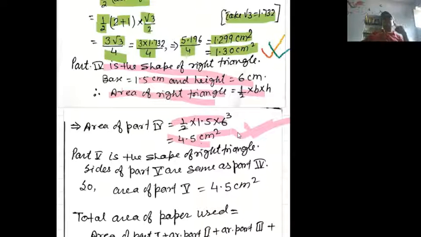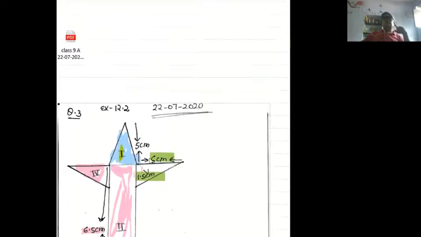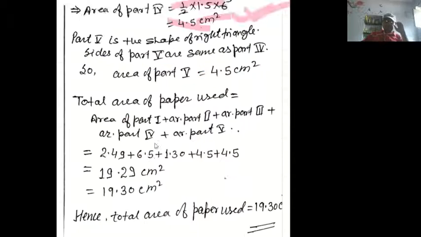Part 4 and 5 are the same. Therefore, the area of part 5, the right triangle, is also 4.5 centimeter square.